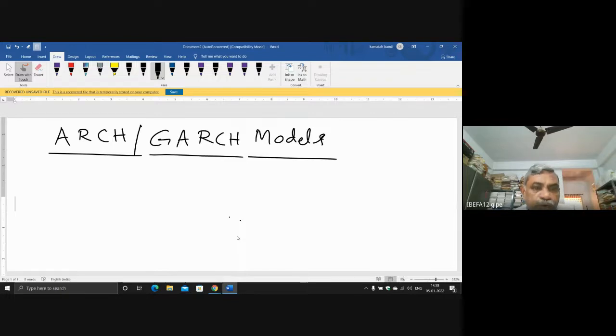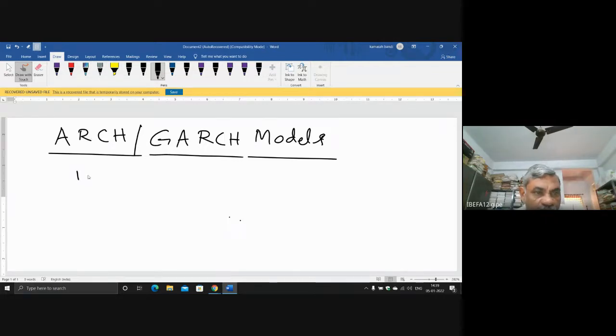As a starting point, we now formulate an ARCH model. In any of these models, the family of ARCH-GARCH models, please note that there are two important components, which are represented by two equations.